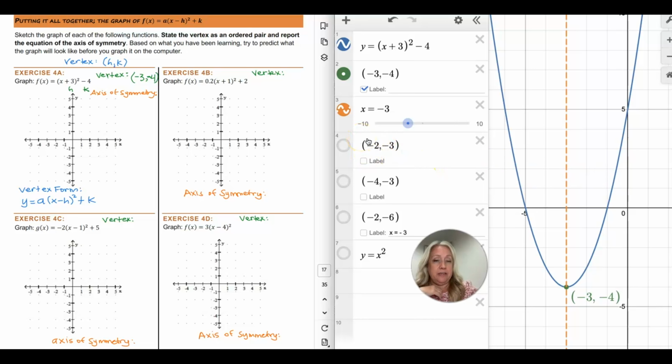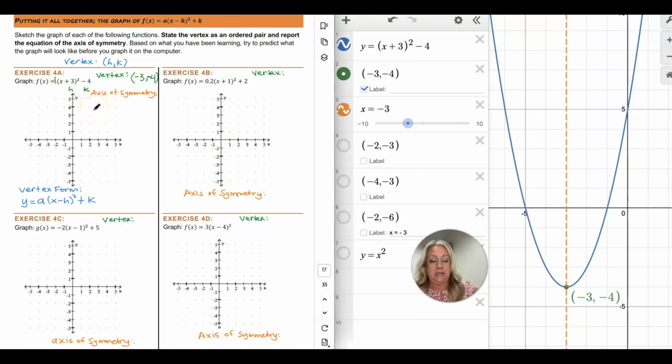Now let's take a look and see if we can find a few more points on this graph, because it might be kind of hard to draw it out without knowing a few more points. Now remember that the a in front of this, and on this one, our a happens to be 1. Right? It looks like there's nothing there, but there's actually an invisible 1 there that we need.